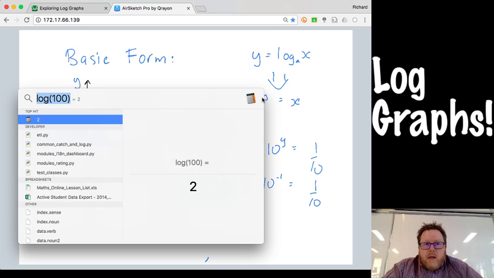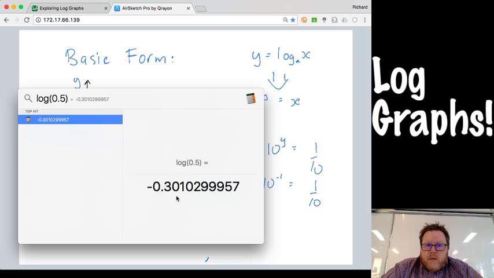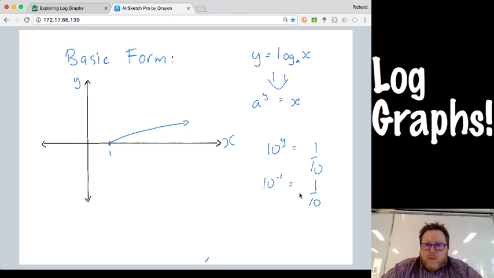We can see that really quickly. If I take the log of 0.5, you can see it's negative 0.301, and the reason why it's negative is for the logic I've just spelled out there. So on the other side of the point, the graph continues down like so.